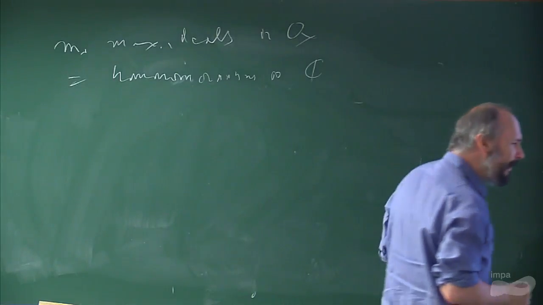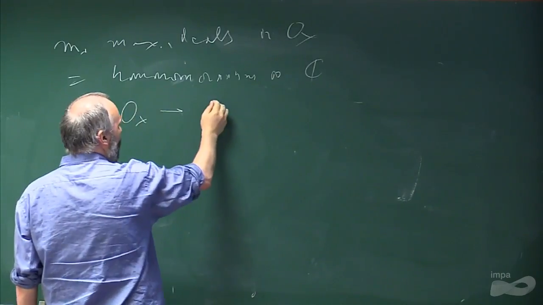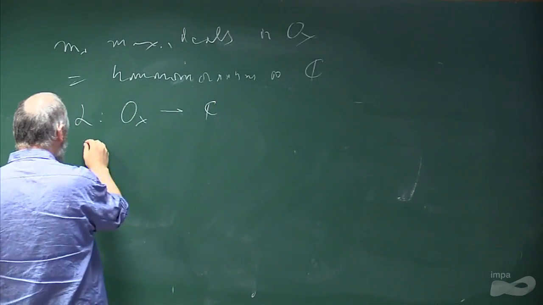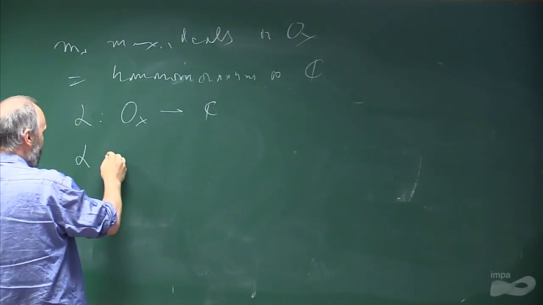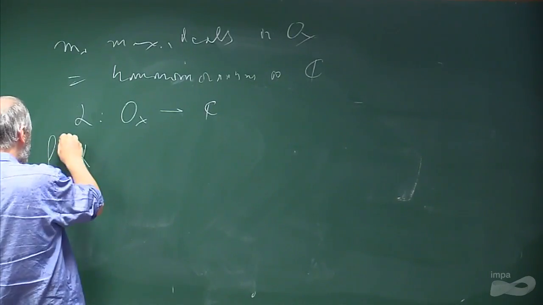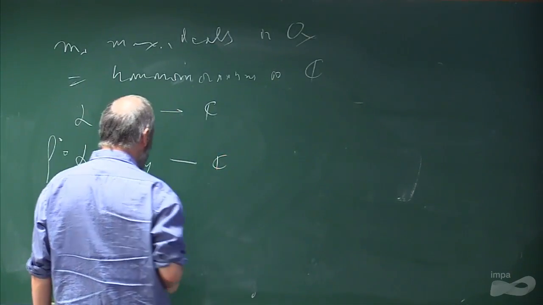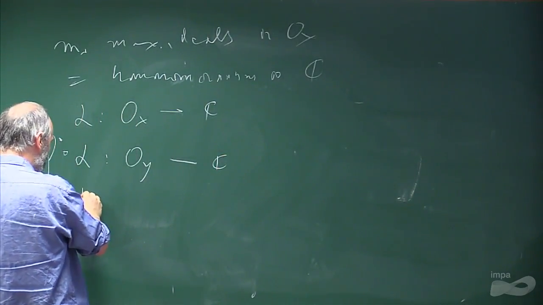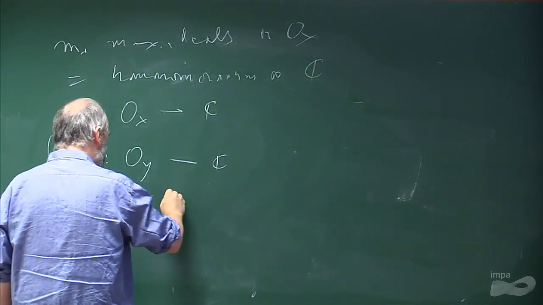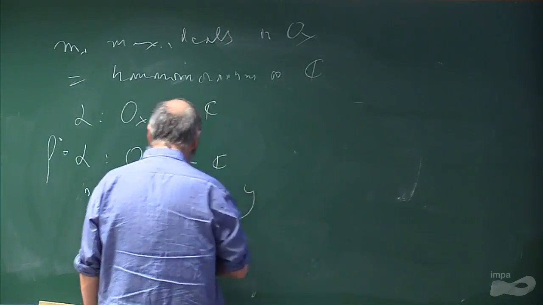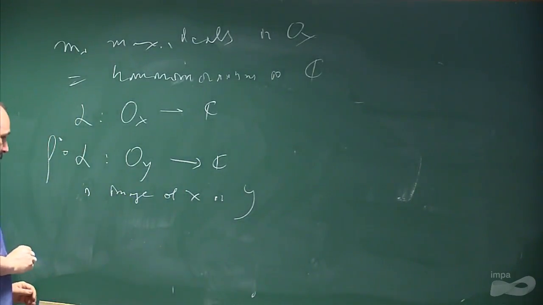Okay, so now you have a homomorphism; let's call it alpha from OX to C. Then you take the composition of alpha with f star. It's a map from OY to C, and this is the image of x in Y, because we know that such homomorphisms are precisely the points.